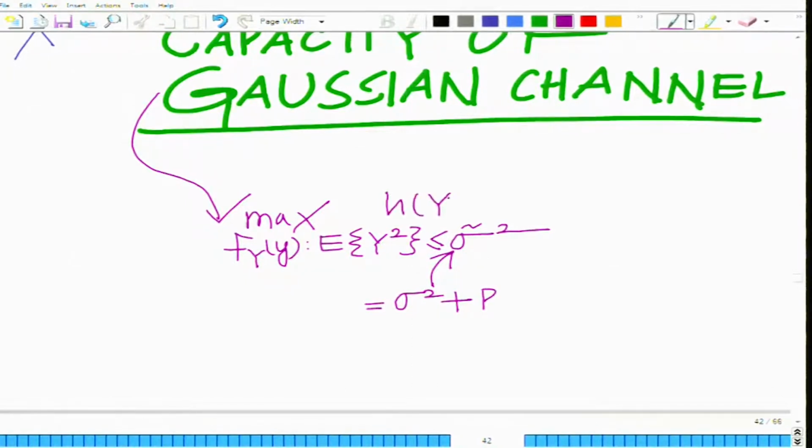I have to maximize h(y) minus, of course, a constant which is half log to the base 2 of pi e sigma square.